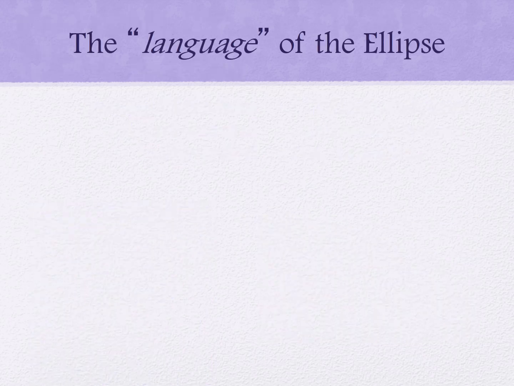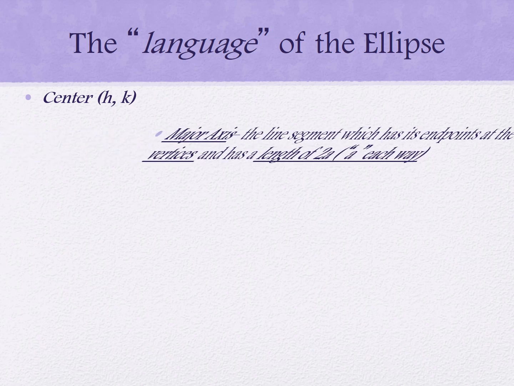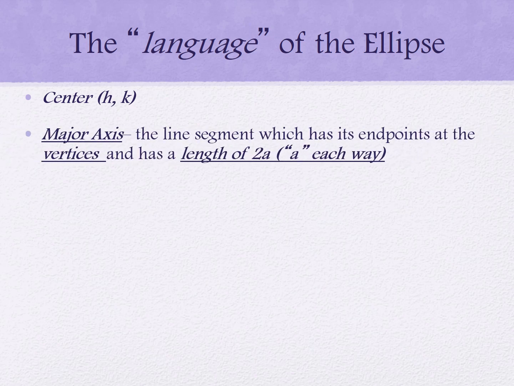All right, let's go over the language of the ellipse. So you don't get lost in this, this is where you might want to stop and take some notes. The center is (h, k), and that's true of all of our conic sections. We're going to keep using that same terminology. The major axis endpoints are A each way from the center along the major axis.